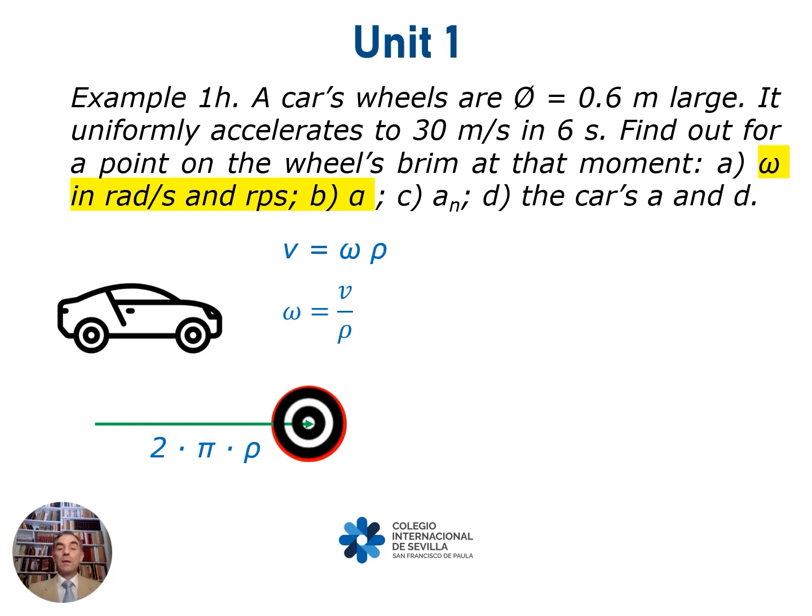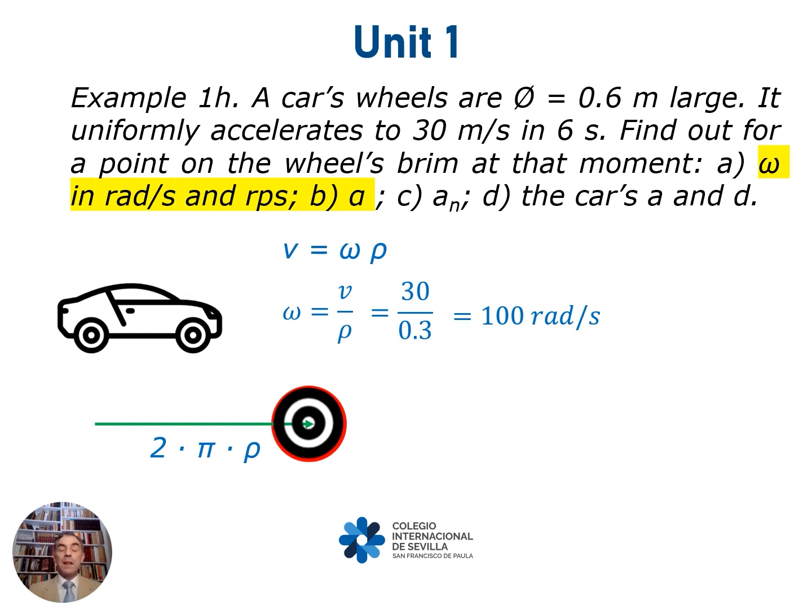We know that the linear speed of the car is 30 meters per second, and we know that the radius, half the diameter, is 0.3 meters. Therefore, it is 100 radians per second. Now, a whole rotation is 2 pi radians.